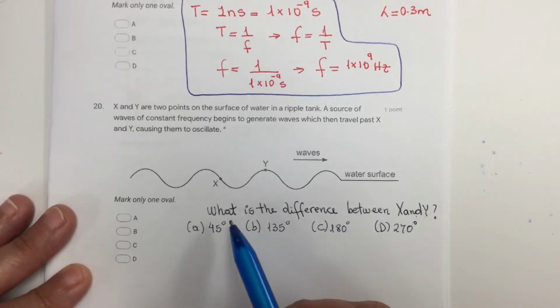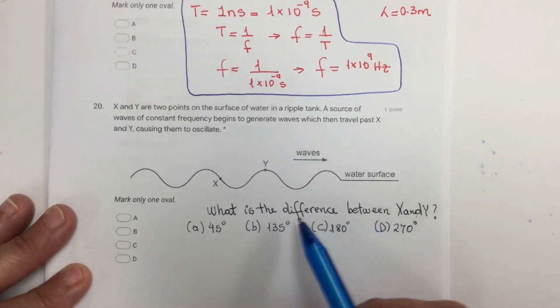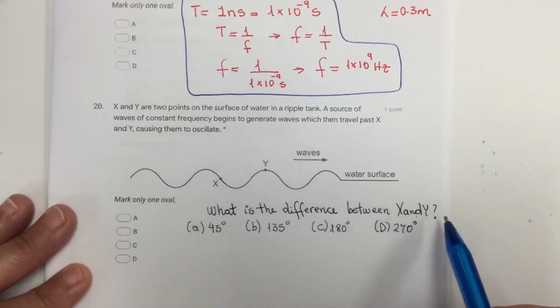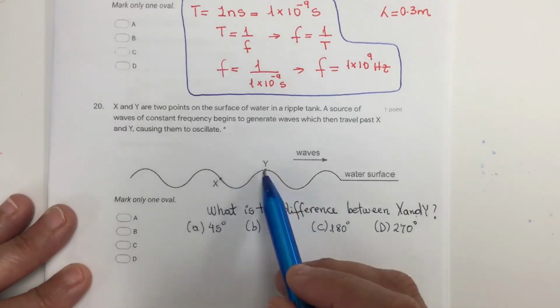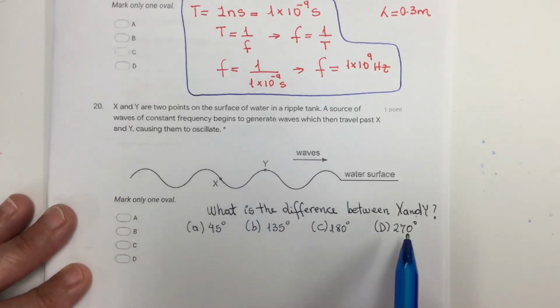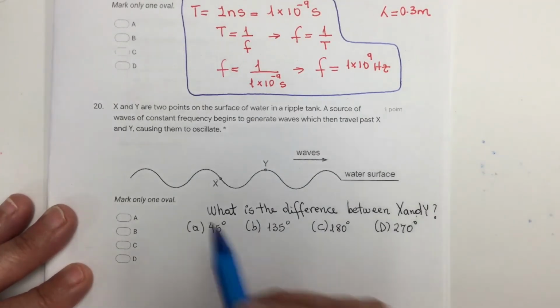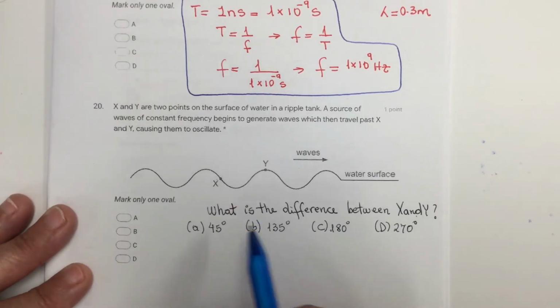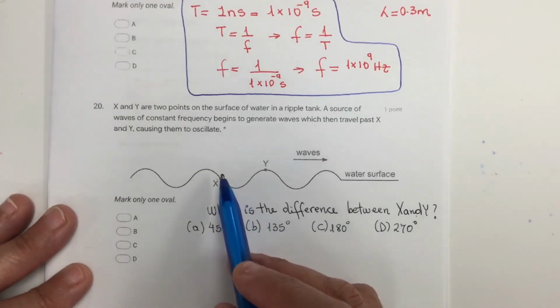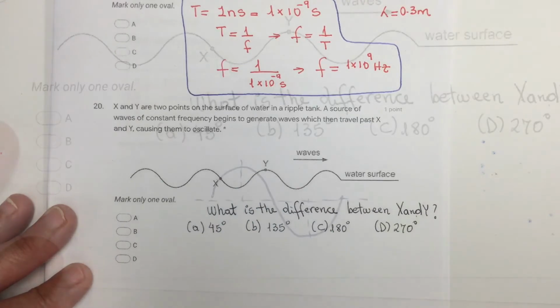So the question is, what is the difference between X and Y? All options are in terms of an angle. So let's take a look to determine the difference in angle between X and Y.